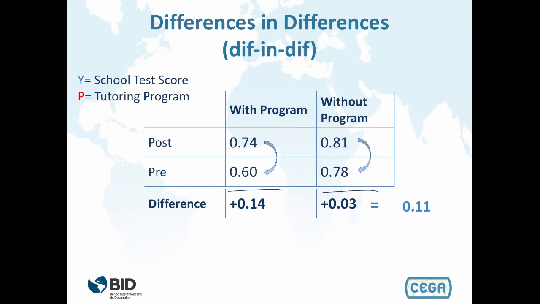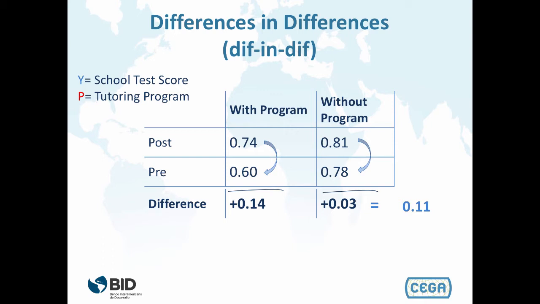The problem is we don't know if the increase in the score was due to just the tutoring program, or it might have been caused by other things that changed over time. The parents got a job, the kid decided not to work after school, they moved to a better house with better lighting. There are other things that could have changed over time.